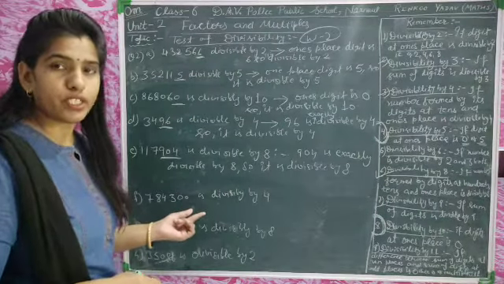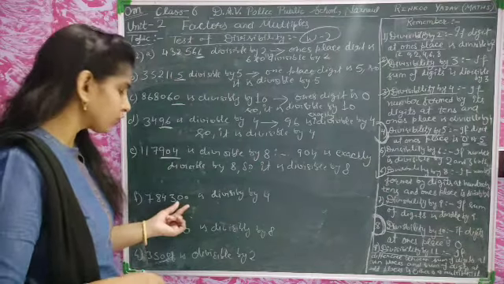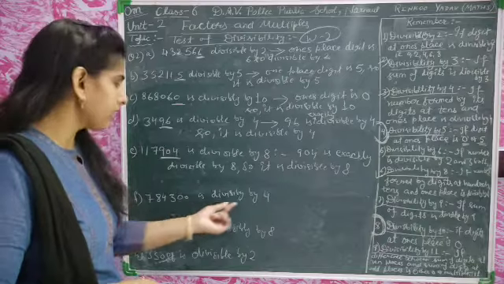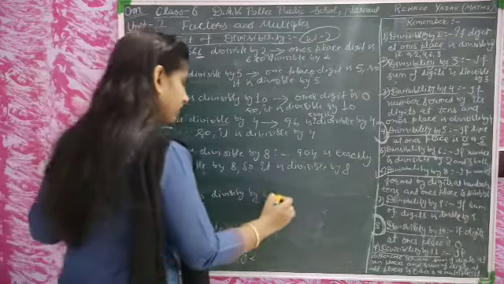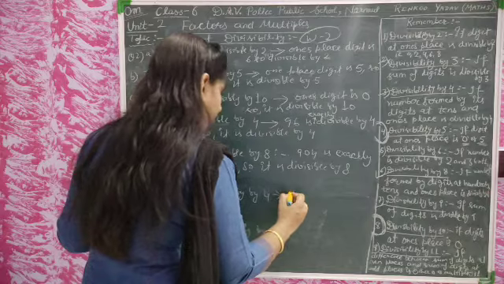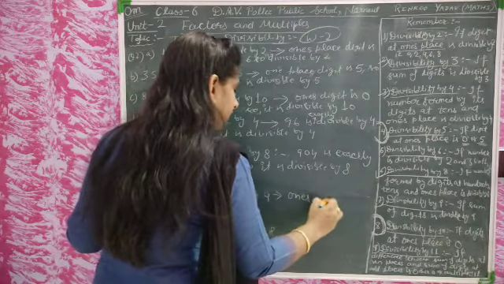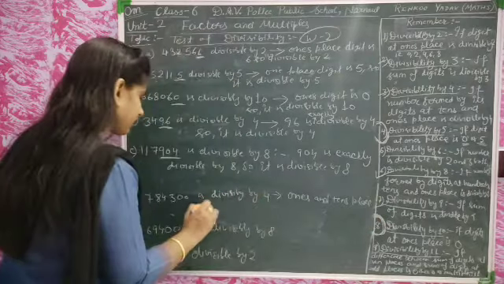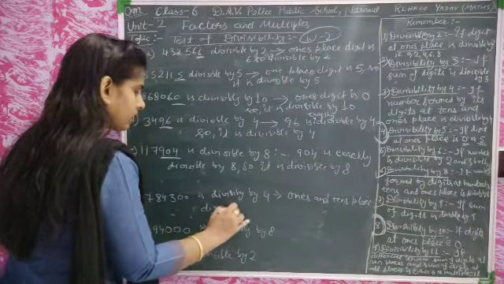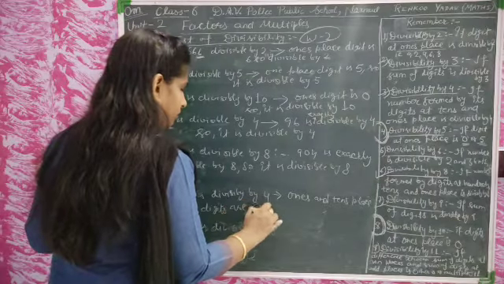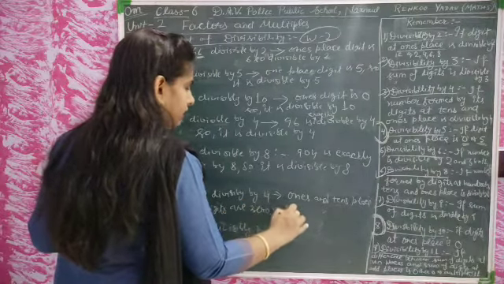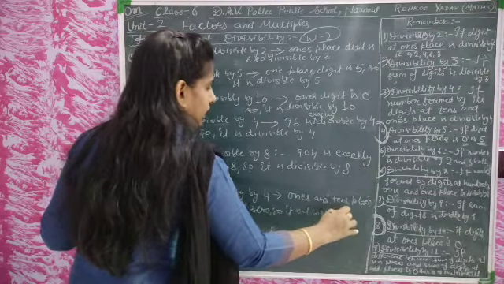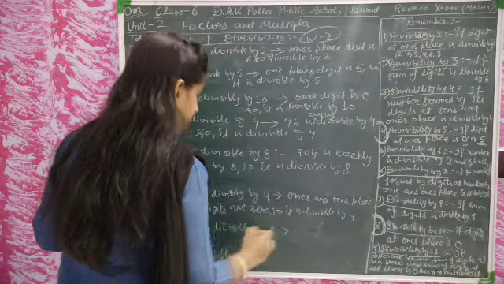Now come to the 4 here. There is a property we have done already, that if the last 2 digits are 0, ones and tens place digit is 0, then it is divisible by 4. And same here, doing like this.